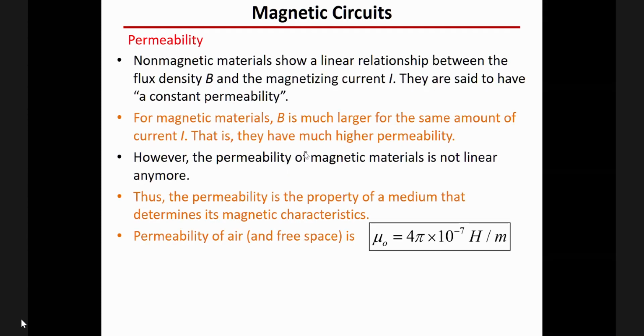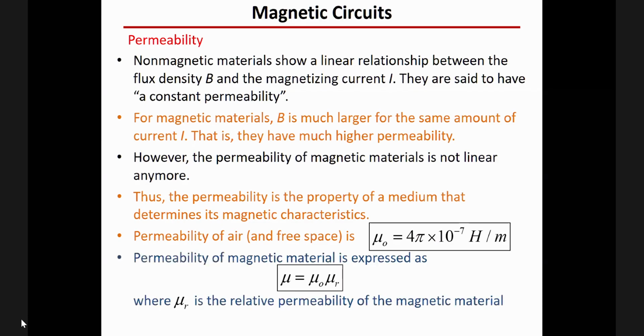This mu has another equation: mu naught multiplied by mu r. So mu has two components. Mu naught is the permeability of air, a constant, 4 pi multiplied by 10 to the power minus 7, multiplied by what we call relative permeability, mu r.